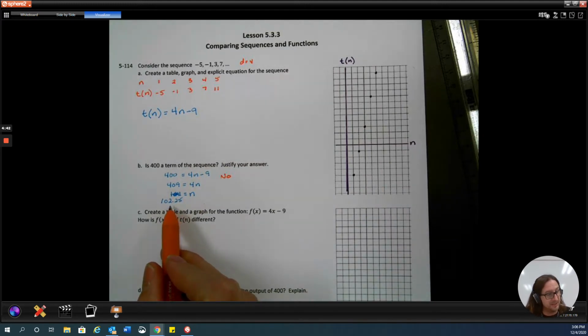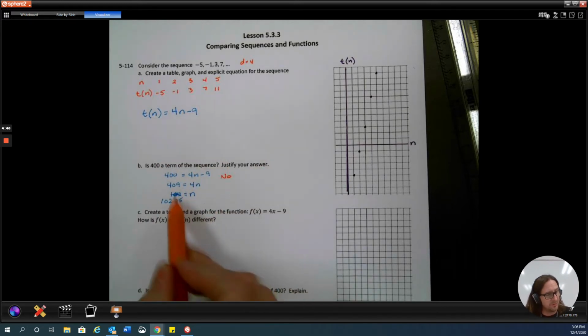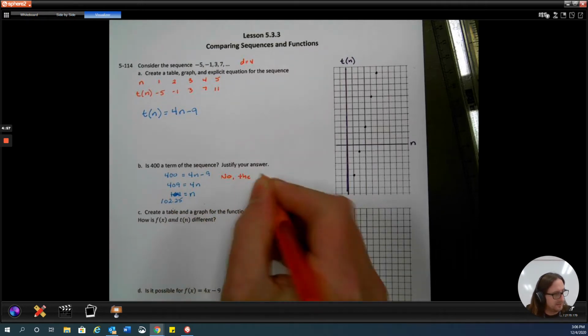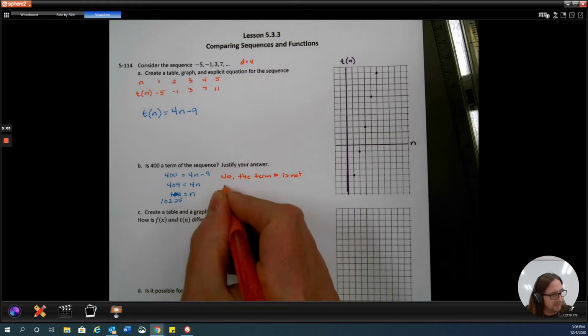If it's not a positive integer, this will not show up in the sequence. Only when the term number is a positive integer. There is no 102.25 term of the sequence. It just doesn't exist. So no, the term number is not a positive integer.